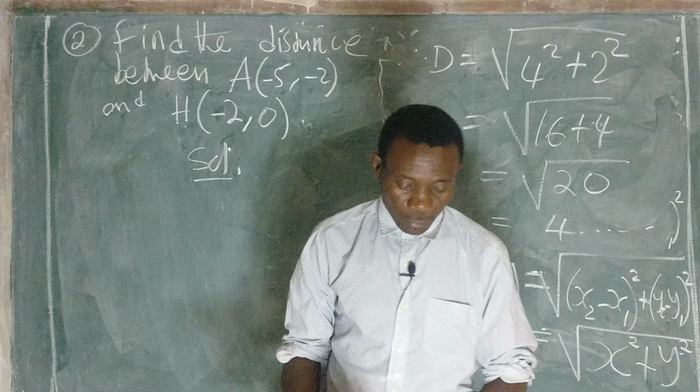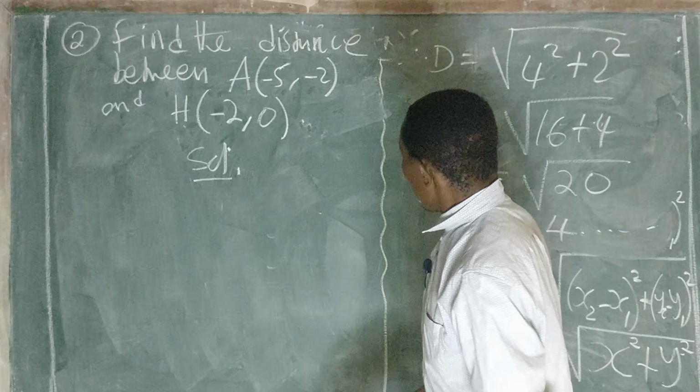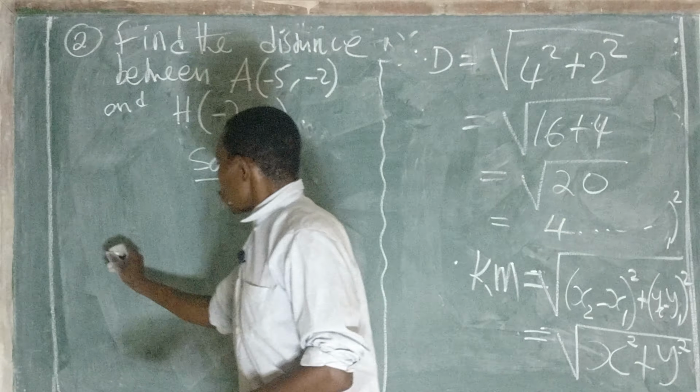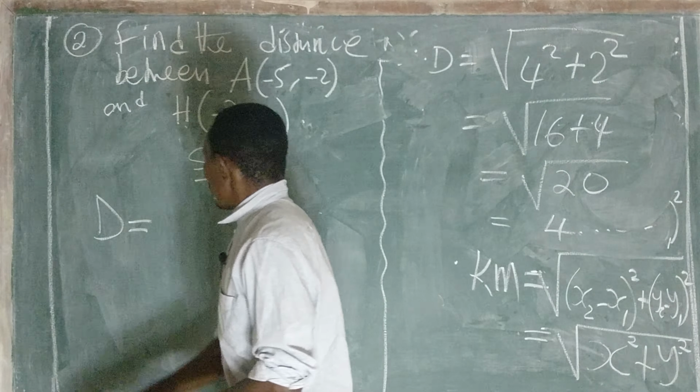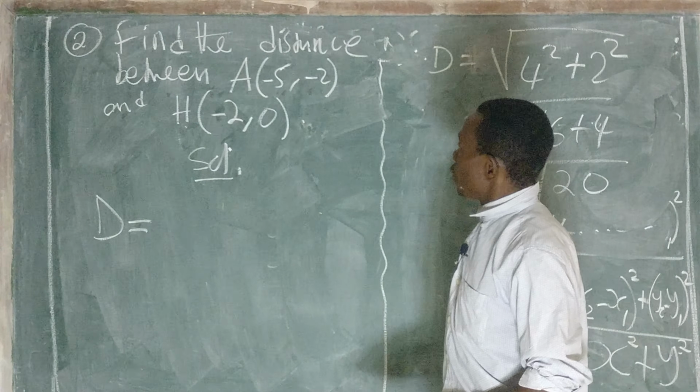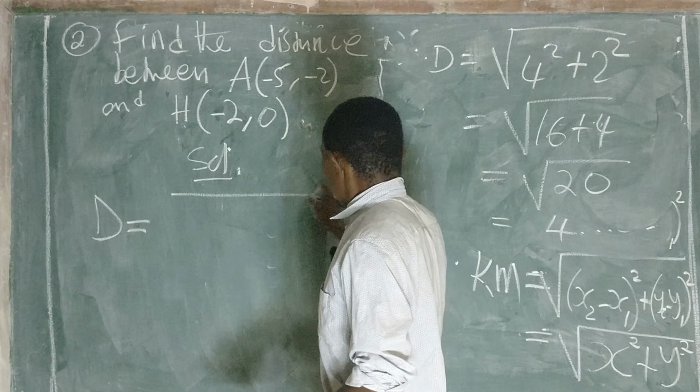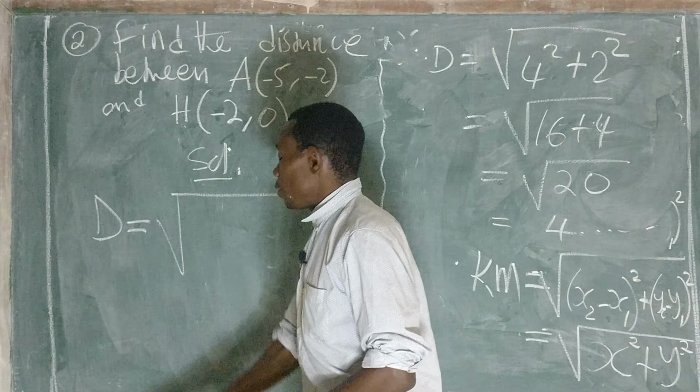So by what we have just learned here, we'll be in a position to work out the distance between A and H like this. So you write down your formula.